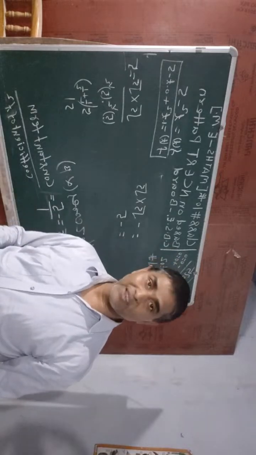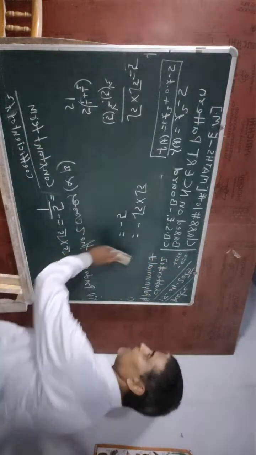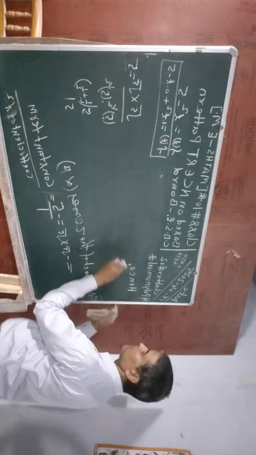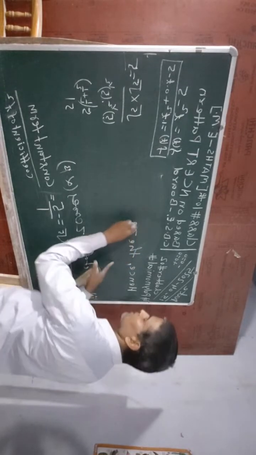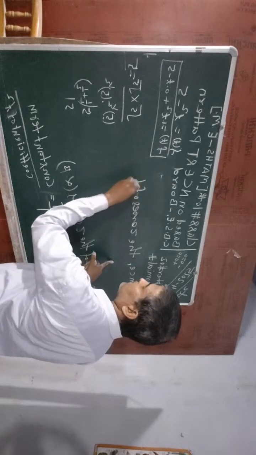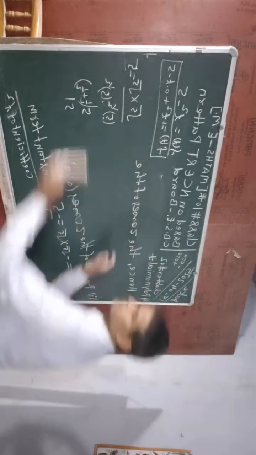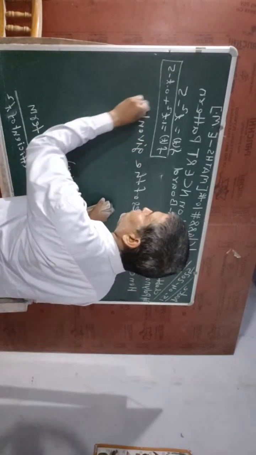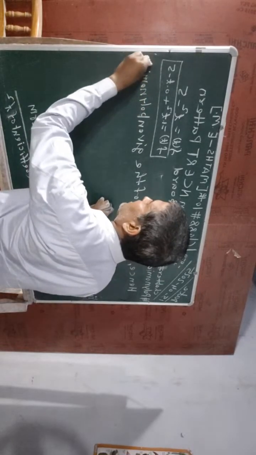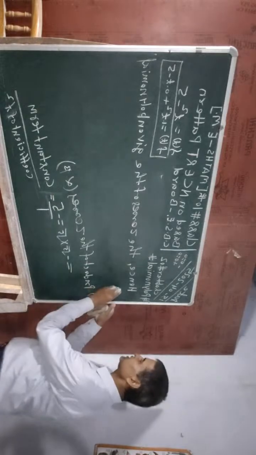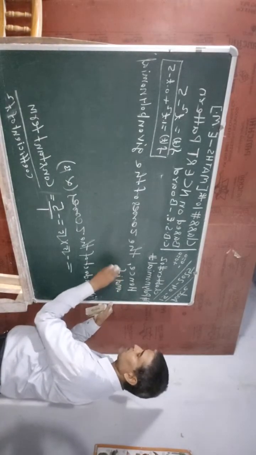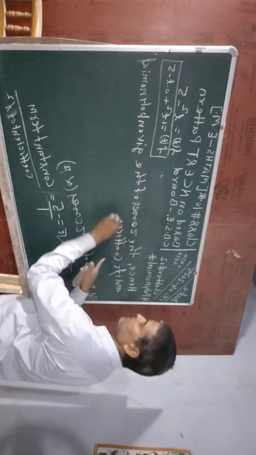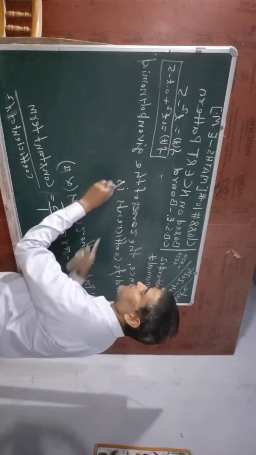So both are verified. In this case I will write here, hence the zeros of the given polynomial and its coefficients is verified.